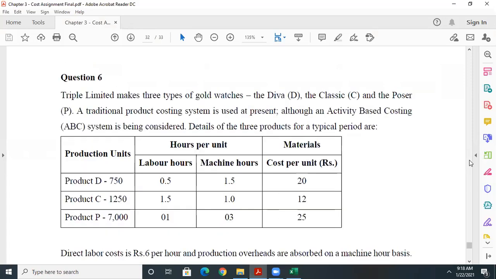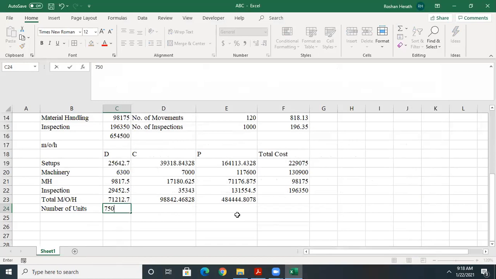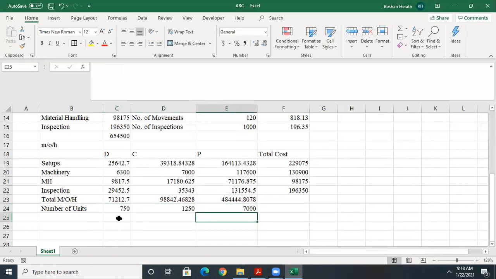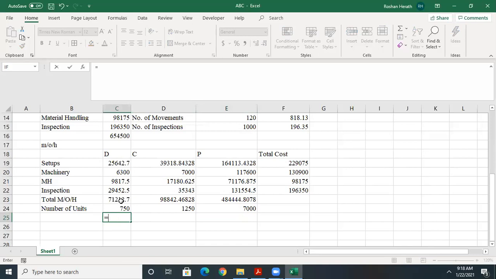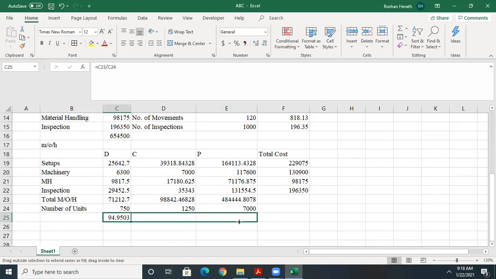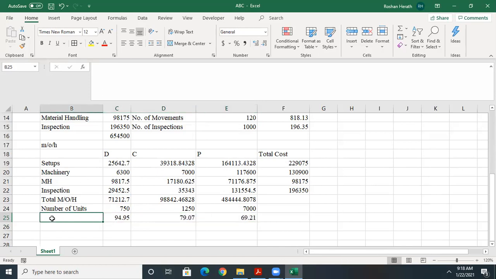How much is that? It's 750, 1250 and 7000. So the per unit manufacturing overhead is this much. You can do that for all the three products, and this is your per unit manufacturing overhead.